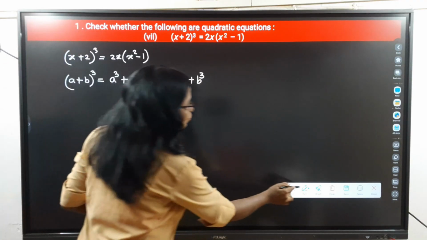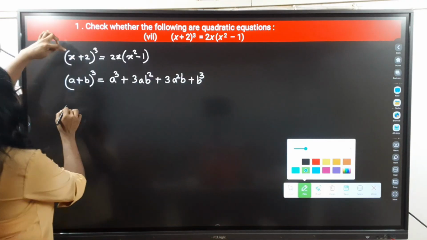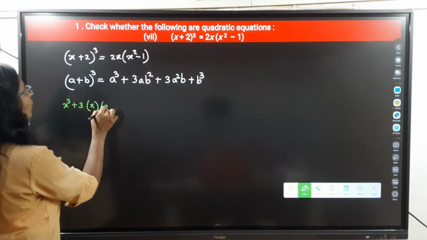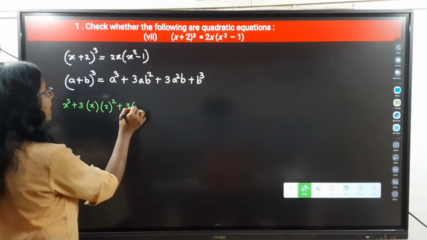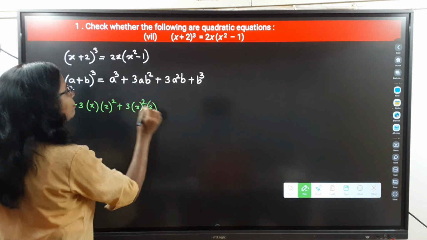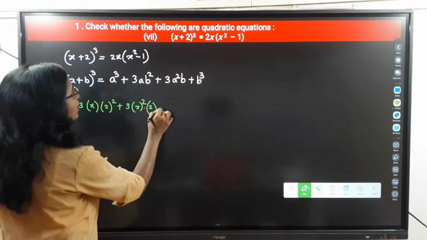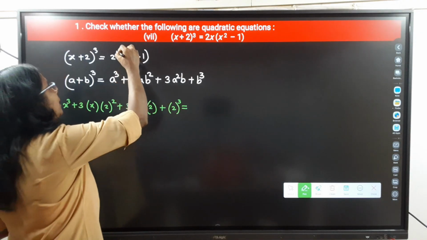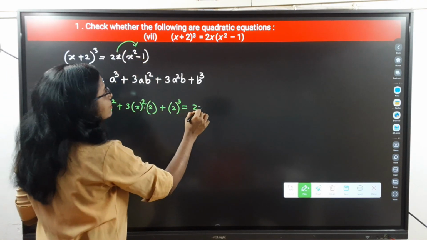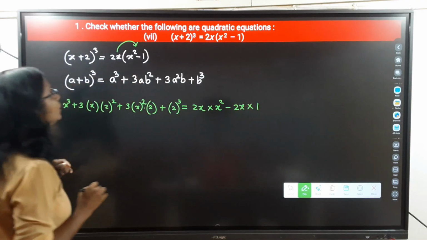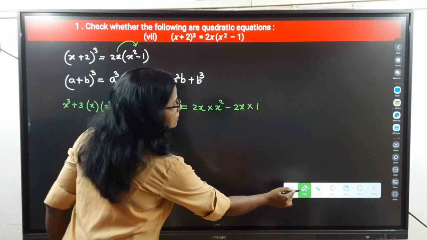So here, students, I write down x cube plus 3 multiply x multiply 2 square plus 3 multiply x square multiply 2 plus 2 cube is equal to, here I multiply this bracket, that means 2x multiplied by x square minus 2x multiplied by 1. Now I simplify this equation.